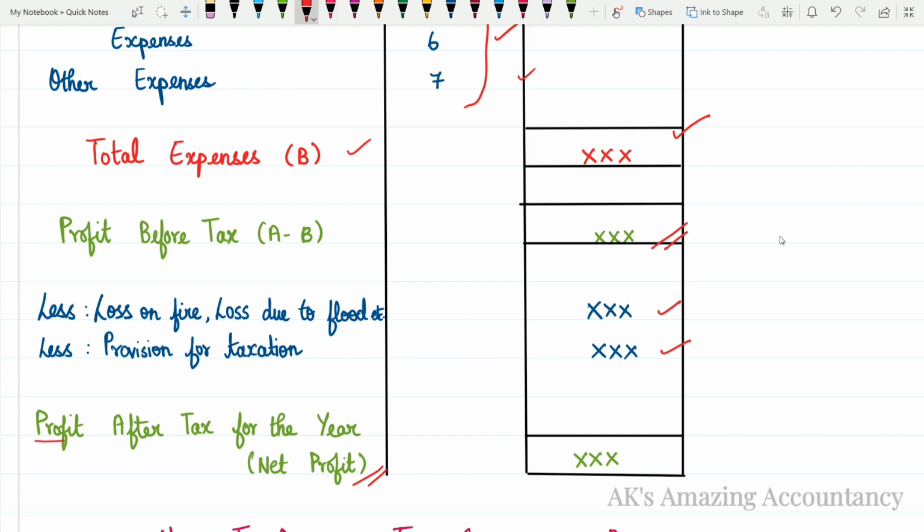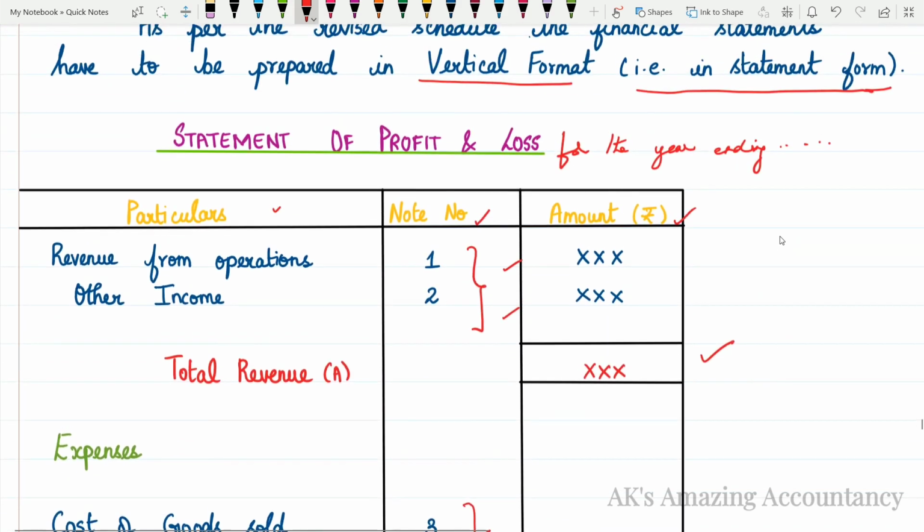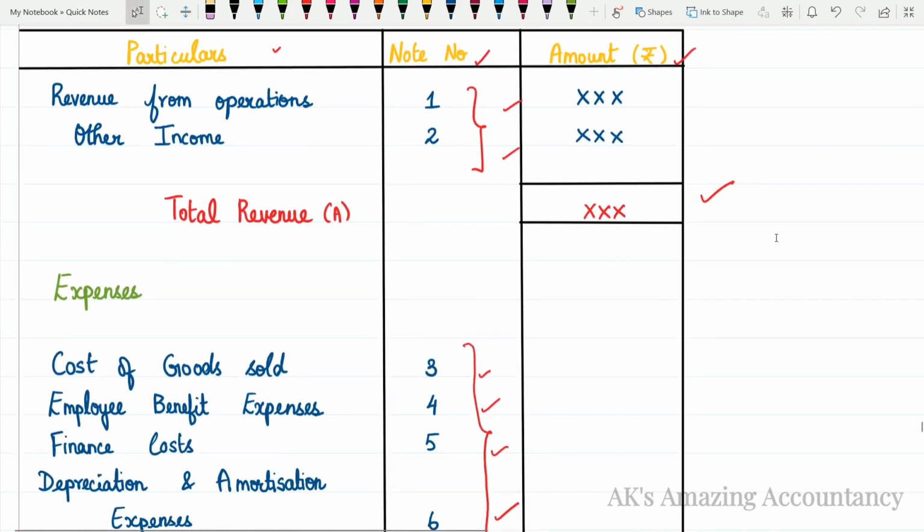It will be called as the profit after tax for the year and that only will be called as the net profit. Okay, and this net profit will be taken to the balance sheet. So this is how you have to prepare the statement of profit and loss as per the revised schedule 6.